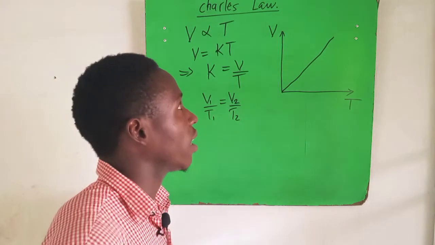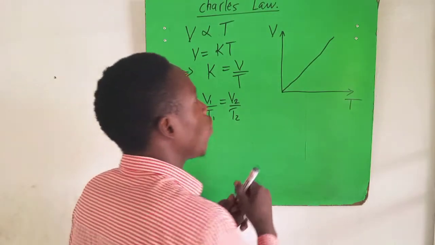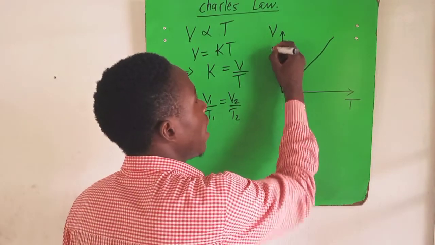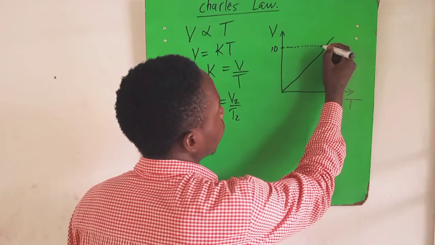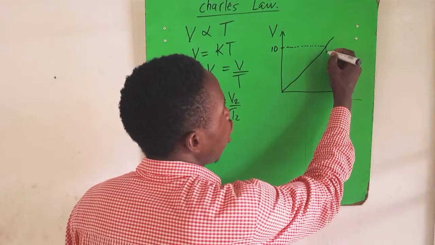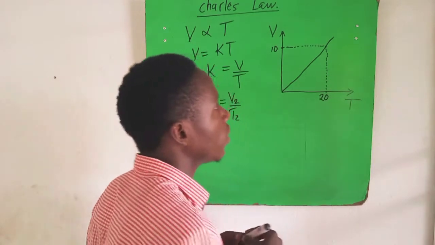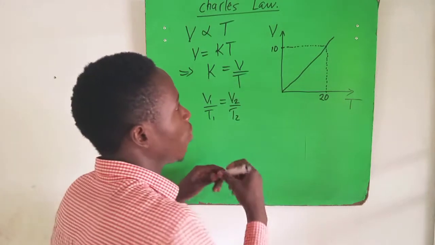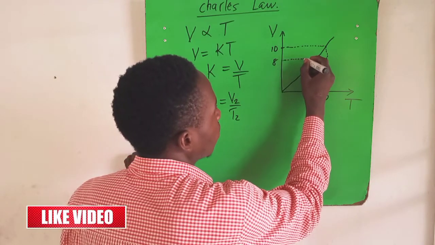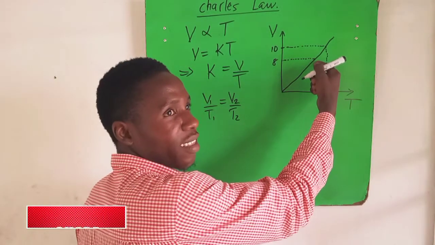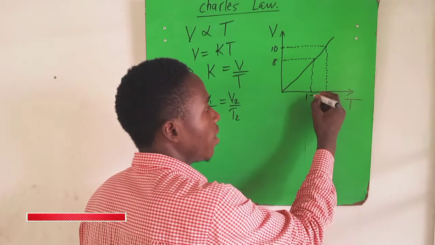Now, this is very clear. If one parameter increases, the other one must also increase. Let's say I pick the volume, let's say 10 meters cubed. If I trace it downward, I'll have my temperature at the high point, let's say 20 Kelvin. Now, if I reduce my volume to say 8, notice that my temperature reduces, so I'll have a temperature lower than the former one, let's say 15 Kelvin.